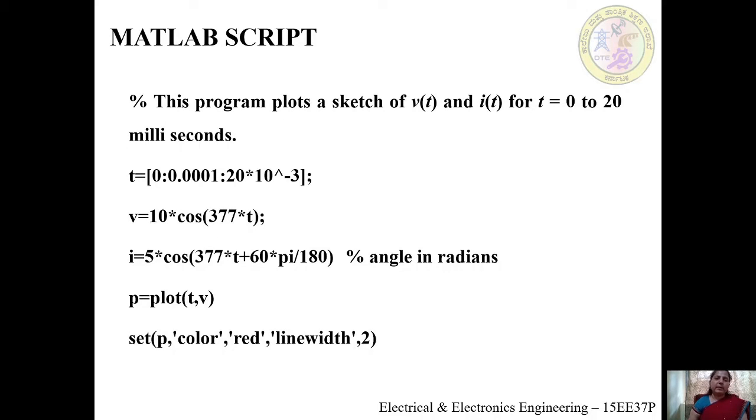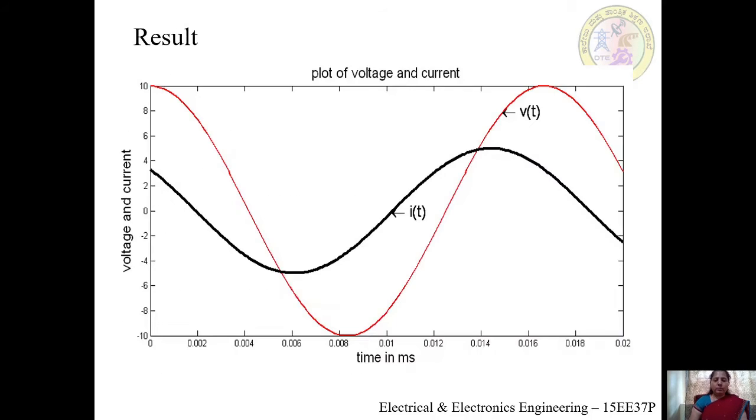Now we shall take up the MATLAB script. So in the first line of the script, we are going to have the description of the program. Now here we need to observe the time period given in the question.